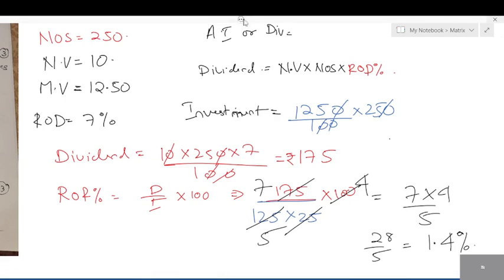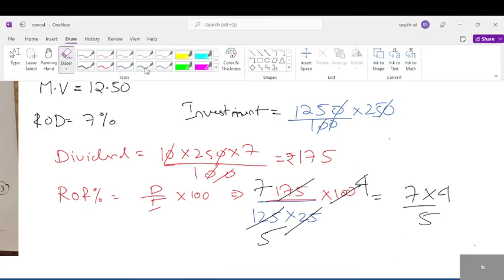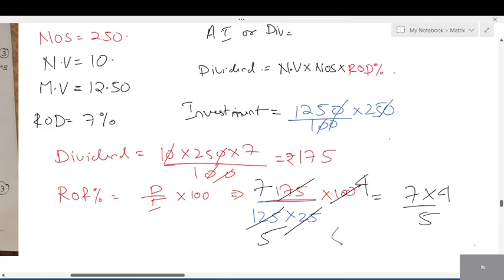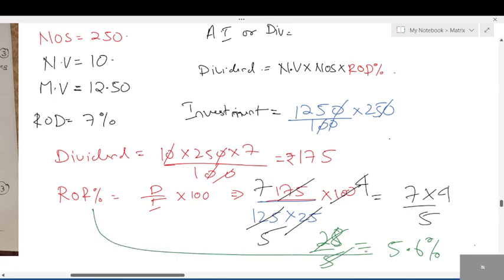Then I might be wrong. Where did I miss? No, 28.5. Correct. When you divide it, 5 5s are 28. 5.6%. Rate of return is 5.6.